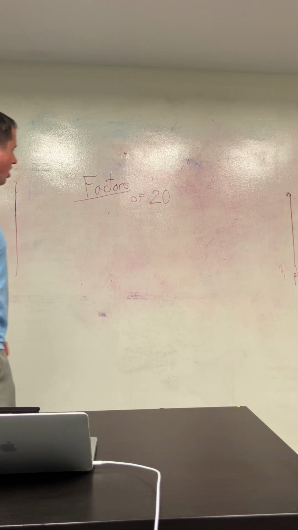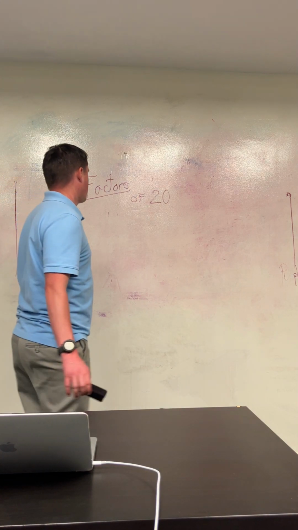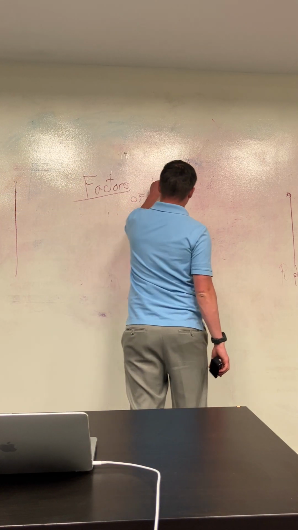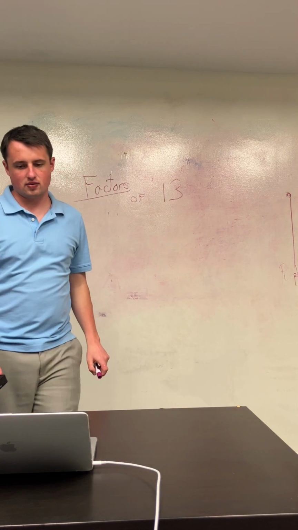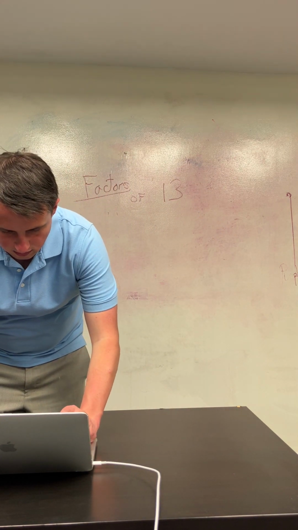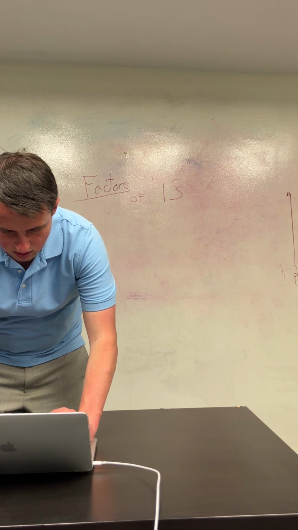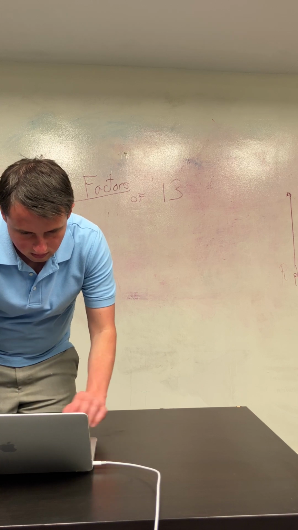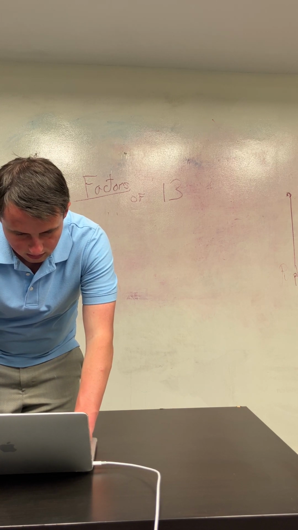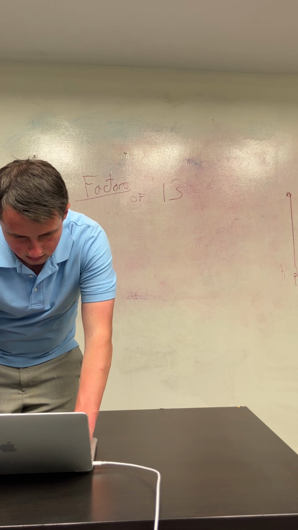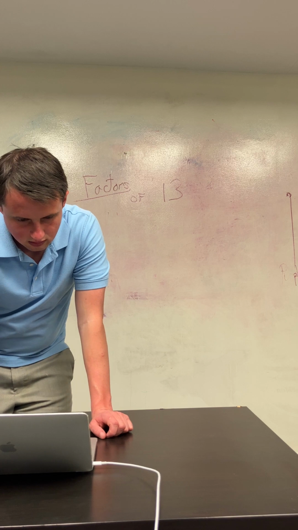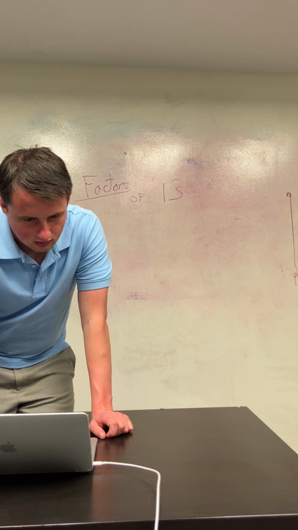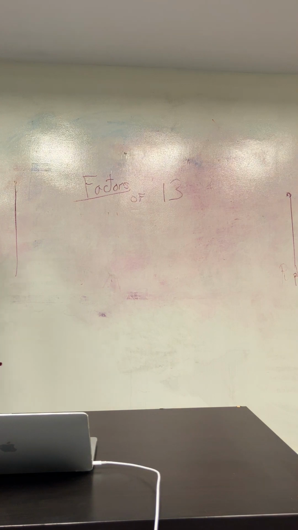Now let's talk about another one. What are all the factors of 13? 1 times 13 is 13.